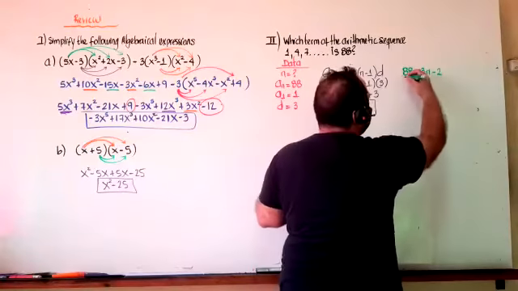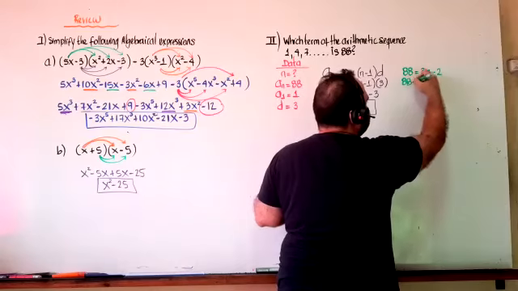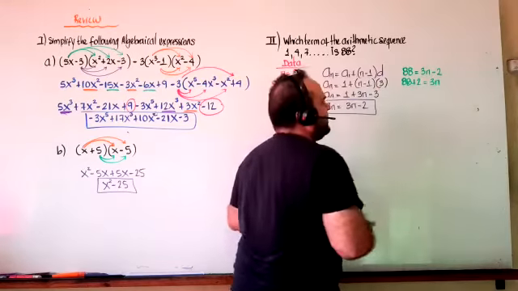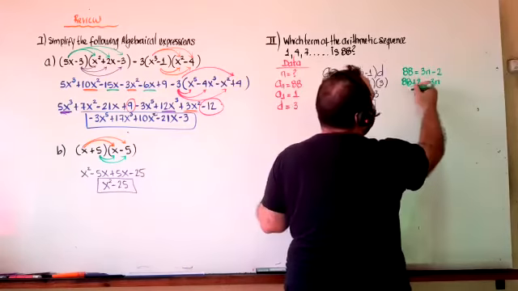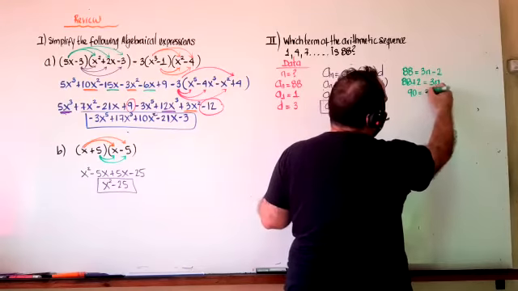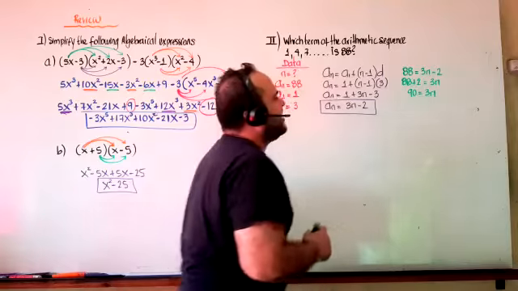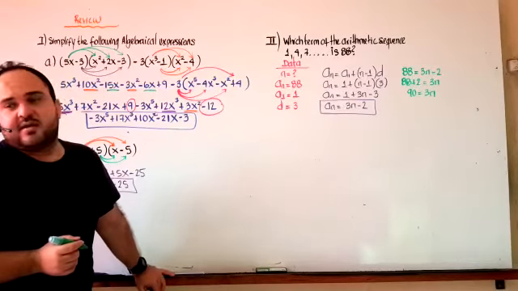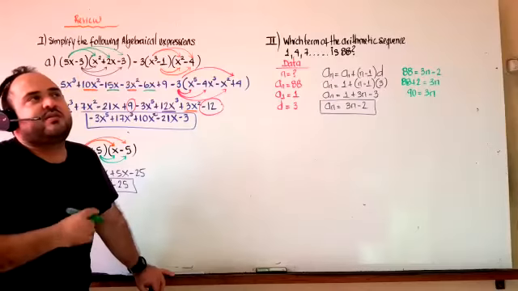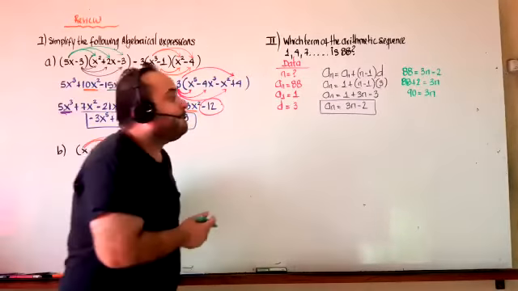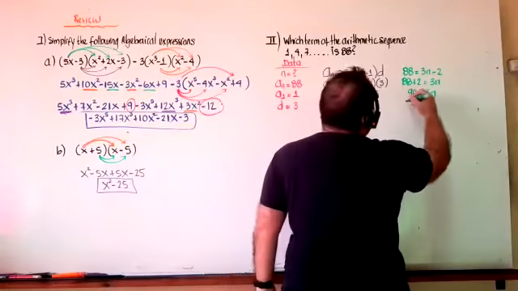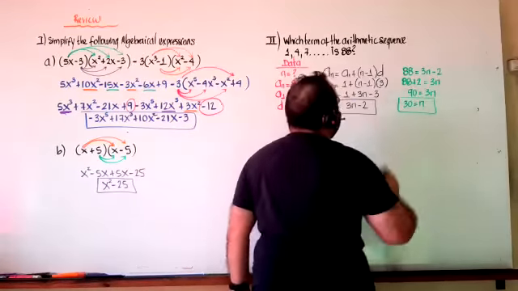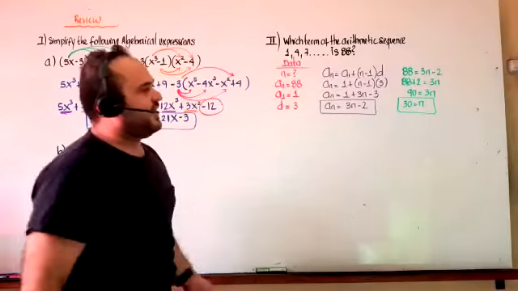So we have 88 plus 2 equals 3n. 88 plus 2 is 90, so 90 equals 3n. Because the number 3 is multiplying, it passes to divide. 90 divided by 3 is 30. So the 88 is the 30th term of the arithmetic sequence.